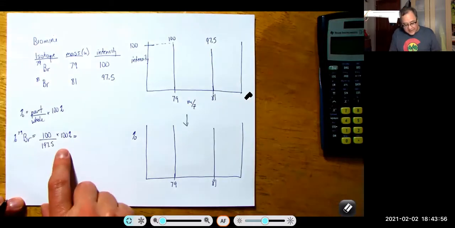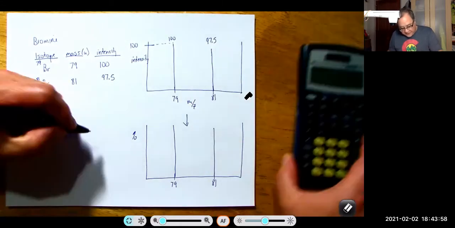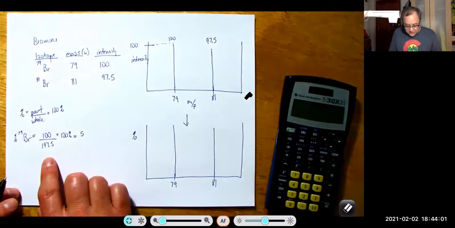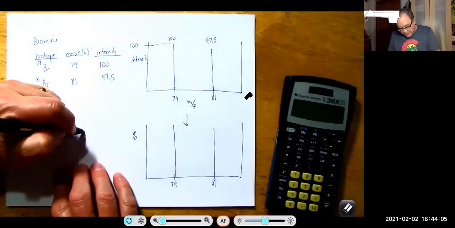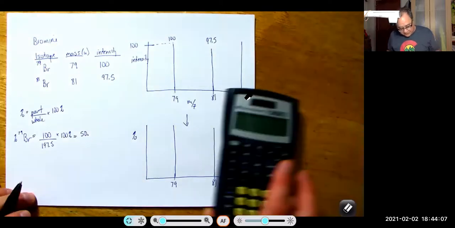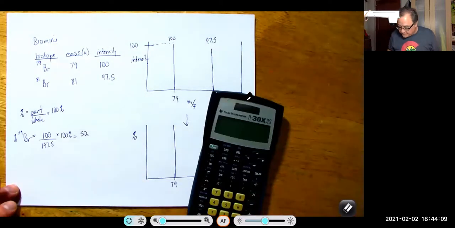So you're going to get here 50, you actually get 4 significant figures. So you get 50 point, I'm not sure. I'm gonna have to do the work.